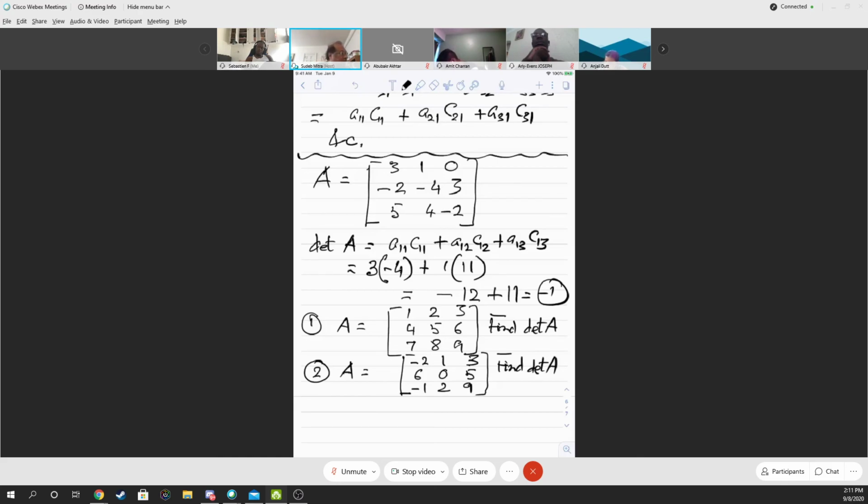Do them. I leave it to you. Cofactor expansion along anything, but let us just do it along the first row. It's okay. You will see that it's quick. If you want to find the determinant, you don't have to find all the cofactors. If you choose the first row, you just find the cofactors of the elements of the first row. Just practicing.